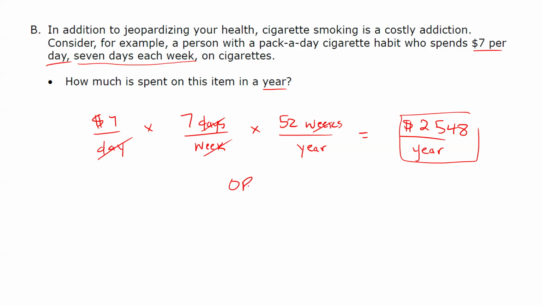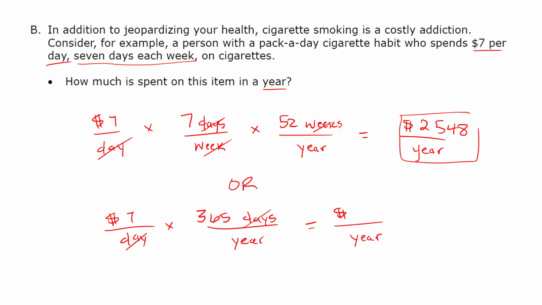Another way to solve this is we know that this person is paying $7 per day. And we know that there are 365 days in 1 year. So now my days cancel, leaving me with the total amount per year.